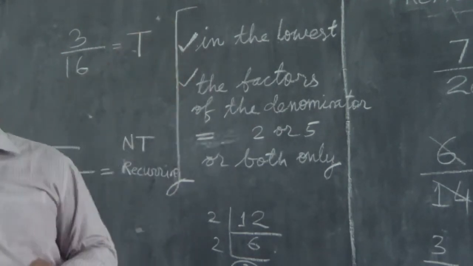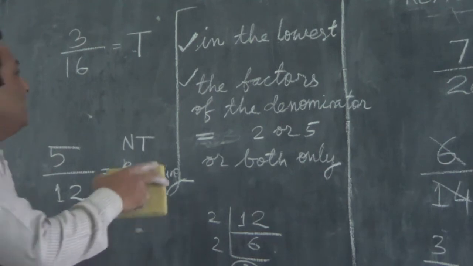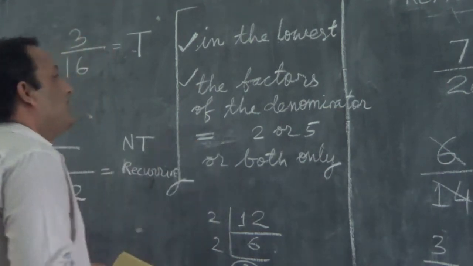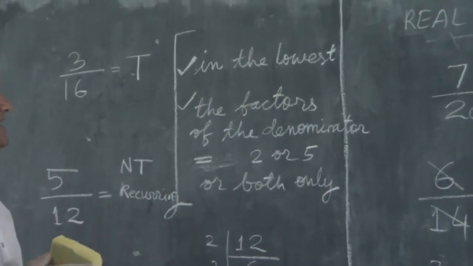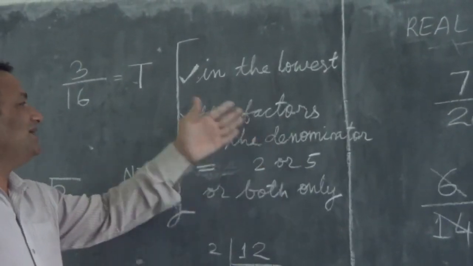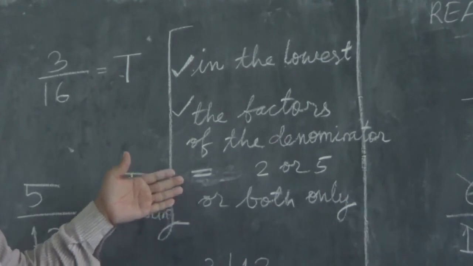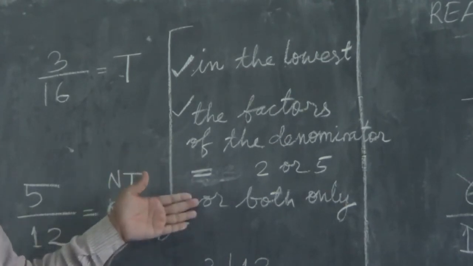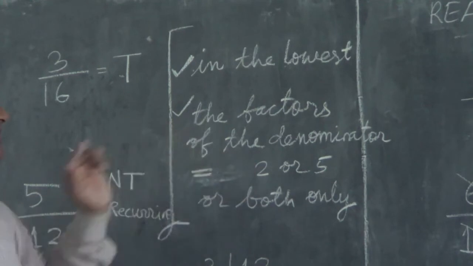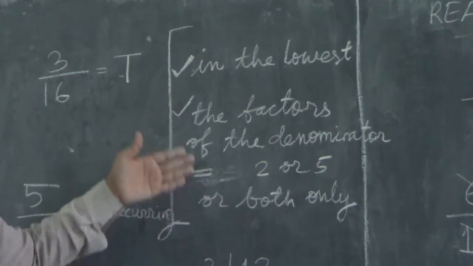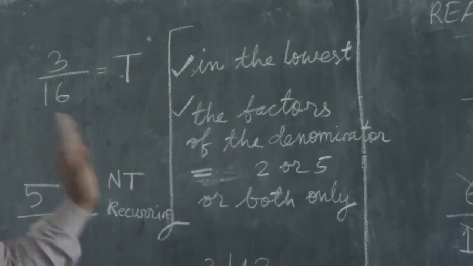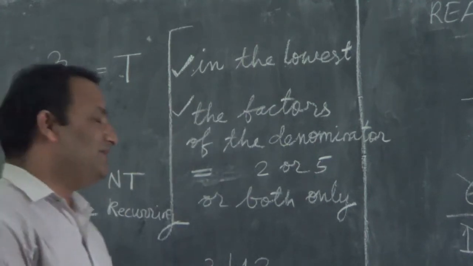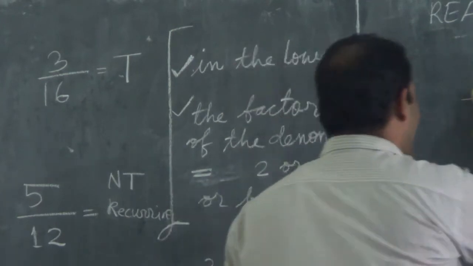So if the fraction is already in the lowest term, then you only have to test whether the factors of the denominator are 2 and 5 only, then it will give the terminating type of decimals.